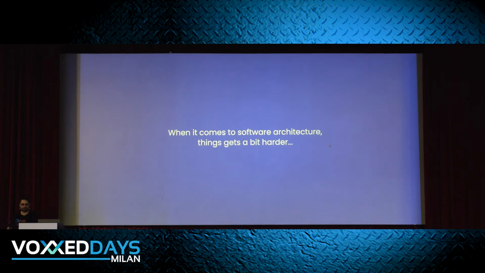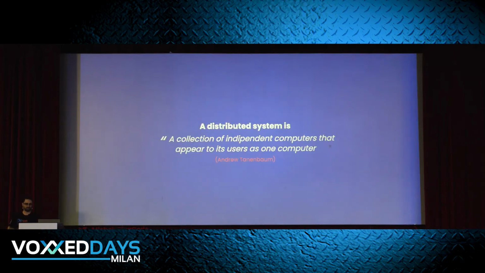But when it comes to software architecture, things get a bit harder. We all know that. So we need to introduce a definition for distributed systems. A distributed system is a collection of independent computers that appears to its final users as one individual computer.